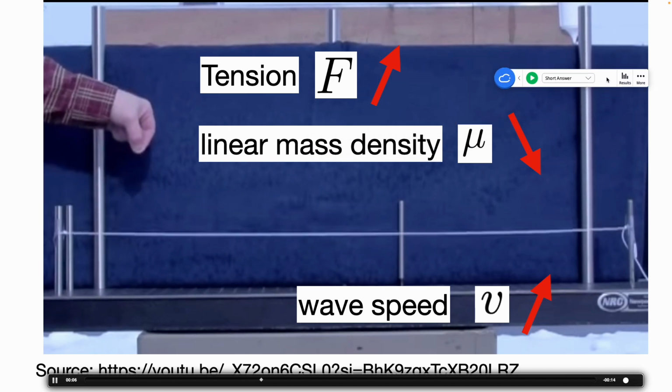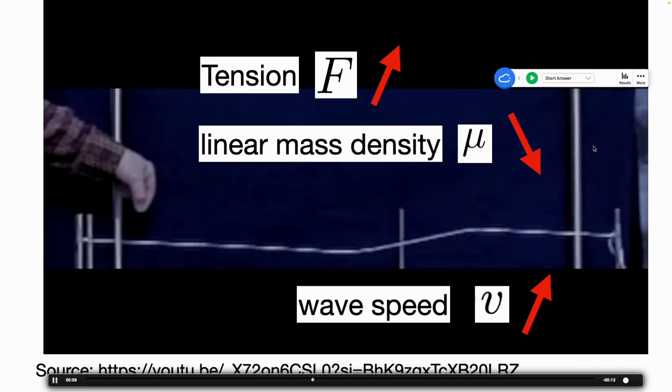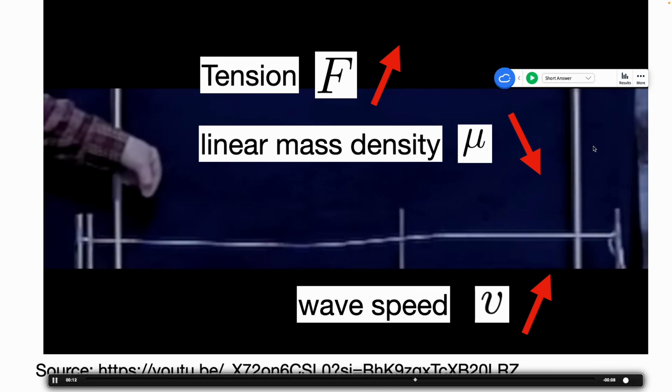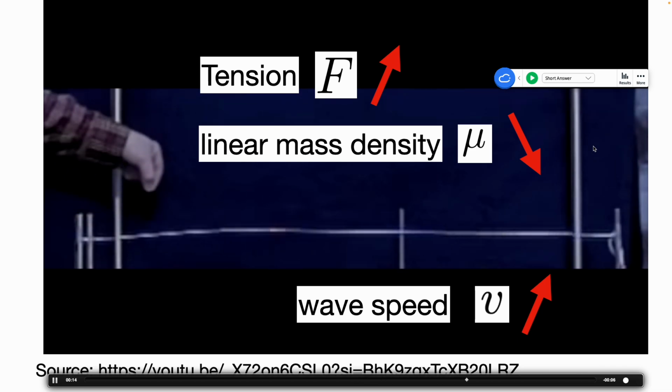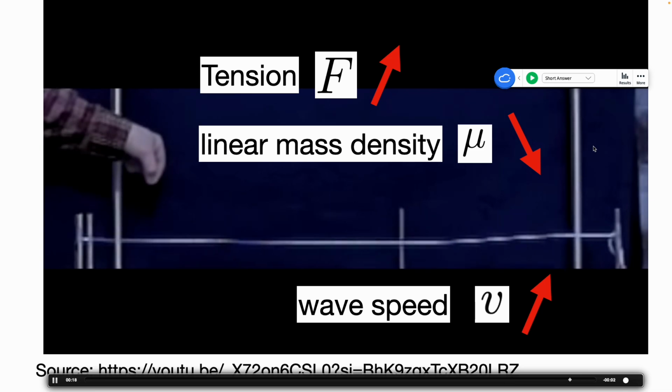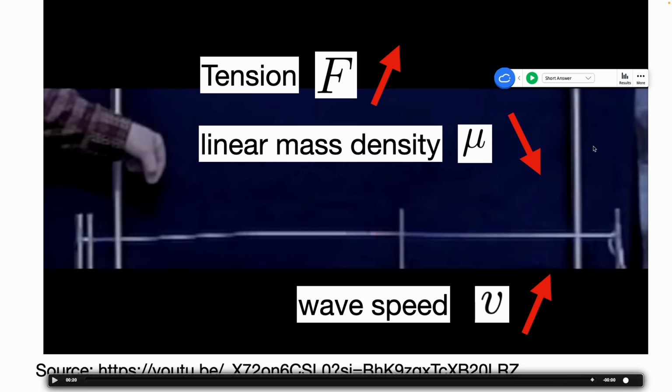So remember, in the video, you pull a string, and then the string bounces back. Why does the string bounce back? Because the string itself has tension force. The force is a correct answer. Tension is a more specific answer. But the reason that this wave propagates is because the string wants to bounce back.